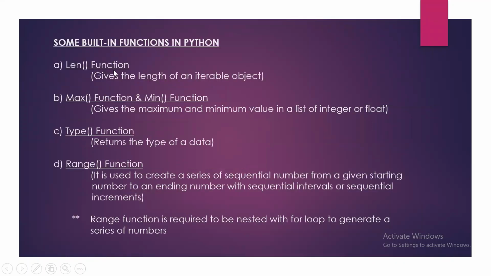There is a length function which is used to give the length of an iterable object, which can be a list or a dictionary, and the length function will give the number of elements or items in the list or dictionary. So let's see.